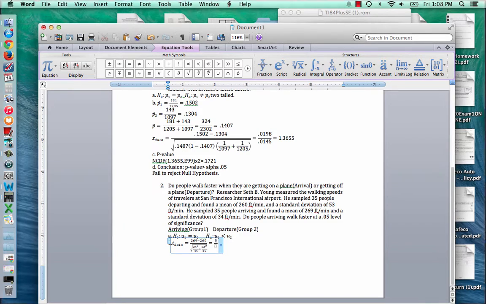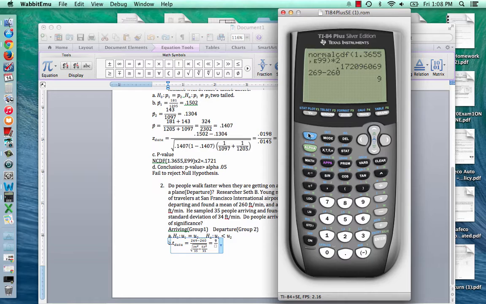Okay, and then the denominator, we do second square root of 34 squared divided by 35 plus 53 squared divided by 35 again. That's our denominator, 10.6436.